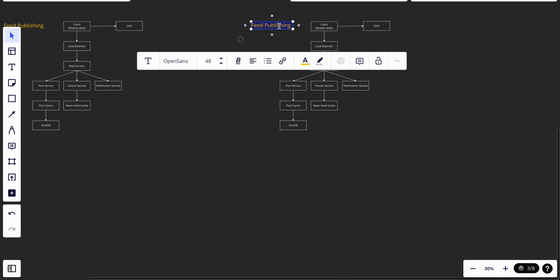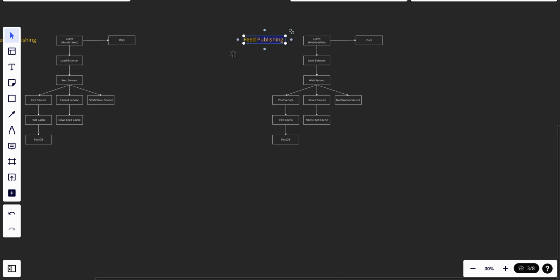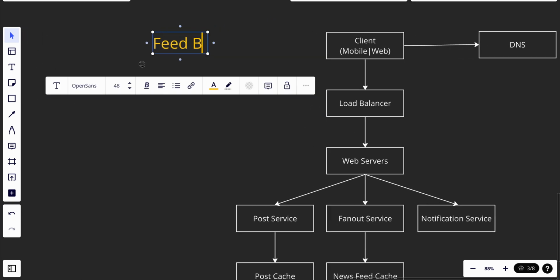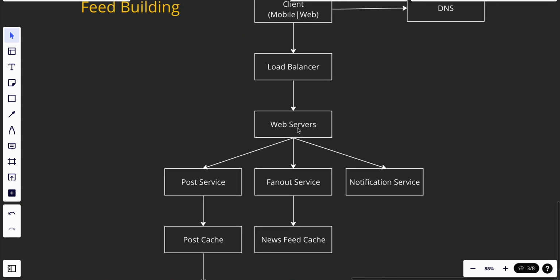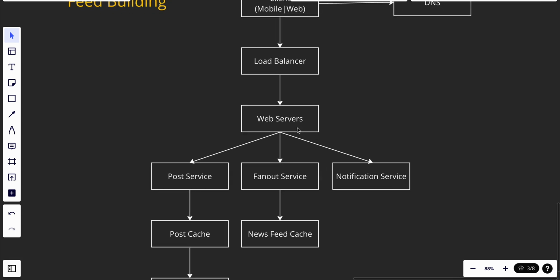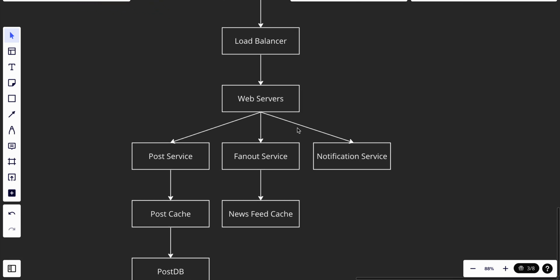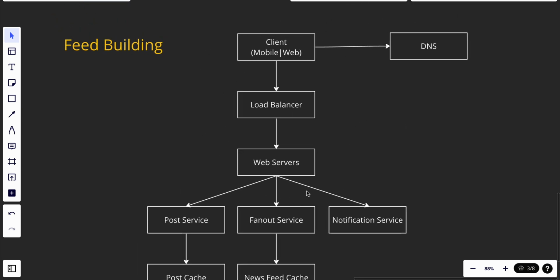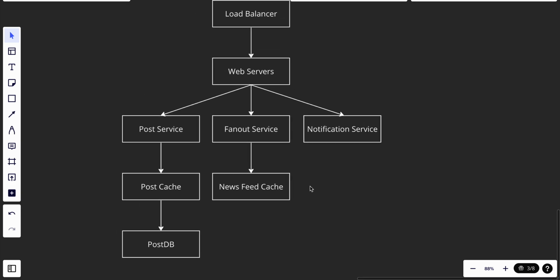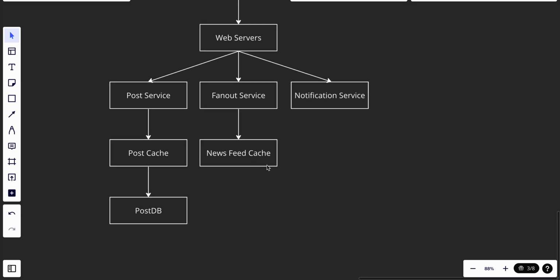Okay, right now we work with the feed building. And the feed building is quite similar, although it's way simpler. For the feed publishing, we have this section the same. However, we have only one service, so we don't have to have this one.